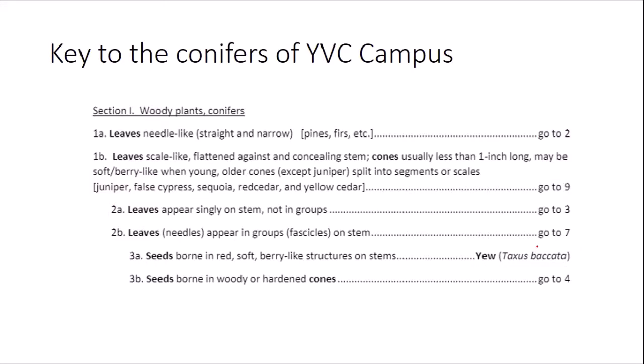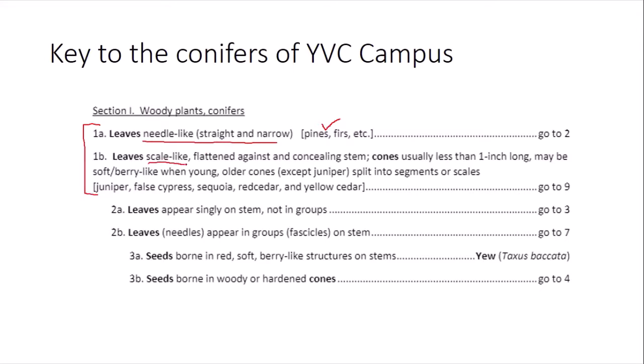All right, well, let's take the information we know about the Ponderosa pine. We already know the name, so we've kind of cheated, but who cares? All right, let's start with pair one. Leaves are needle-like, straight and narrow. Well, that sounds pretty good. Here I've added that these are pines and firs, and we already know it's a pine, so this is looking good. But don't just assume, hey, that looks great, and move on. Read the next one. Leaves are scale-like.